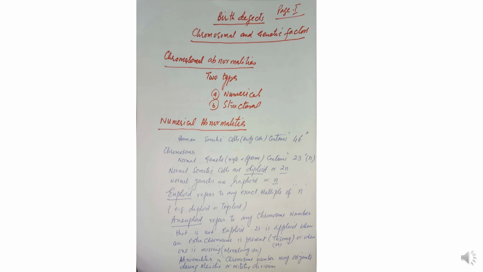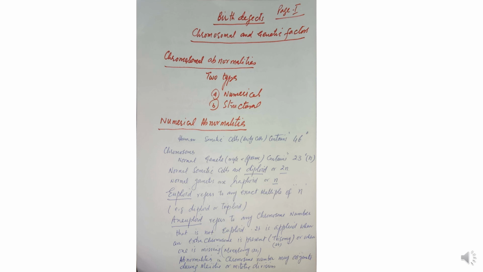So this is the structural abnormality. Numerical is when the number varies. These are all related to the anomalies occurring due to mitosis and meiosis.